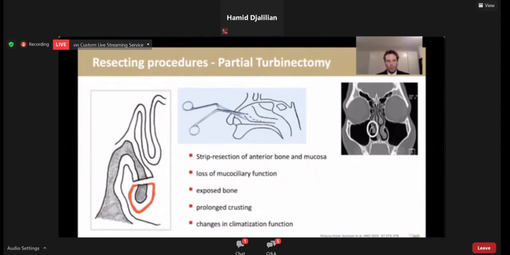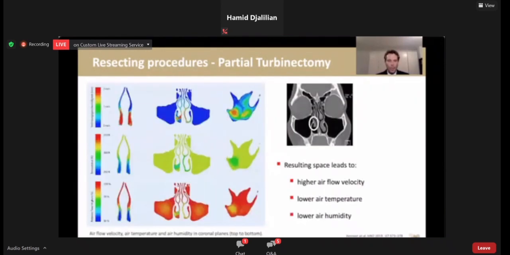good operative results. When you resect these parts, you are really generating changes in the climatization function of the nose, and I will show you that here. This is a CT scan where a single-sided partial turbinectomy was done, and this CT scan was used by a working group from Ulm to do a numerical flow simulation.